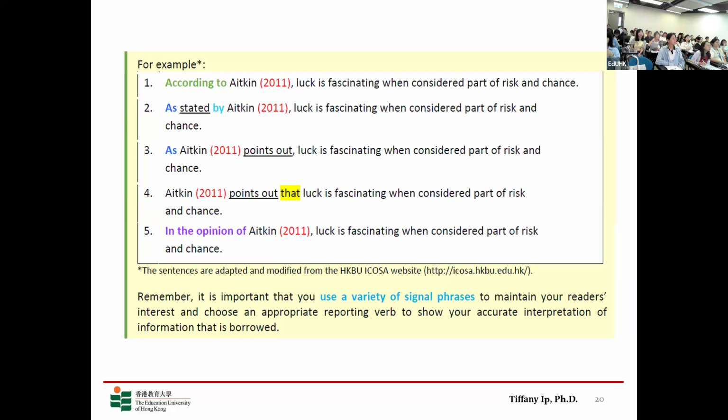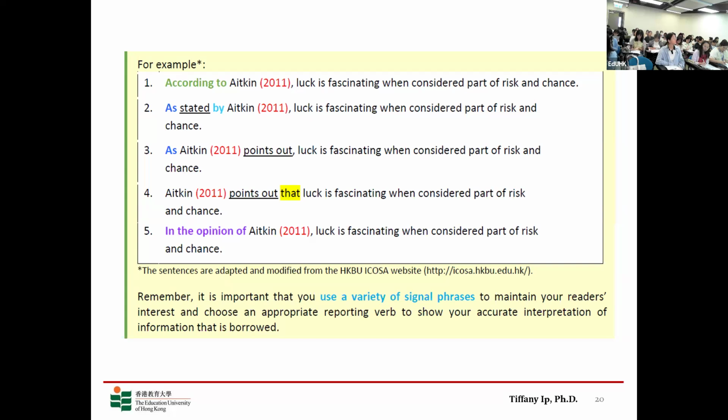So you can say as stated by, and what other verbs can you use, by the way? Yes, as claimed by, as shown by, yes, at least one more, explained by. And so here it is actually passive voice. So always in the passive form, because it's like "as it was stated by". The meaning is like this, but you can simply say as stated by.